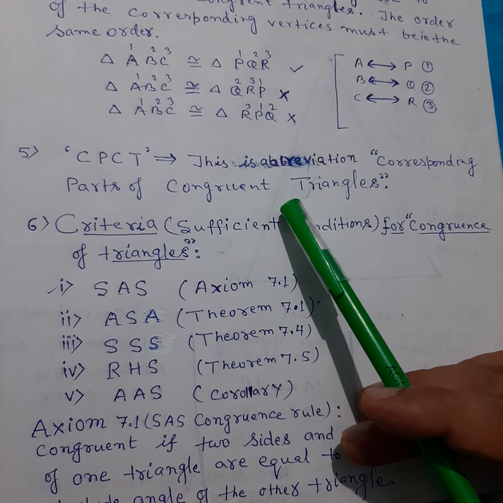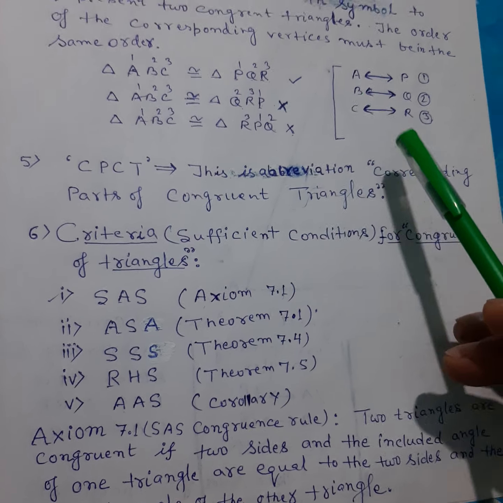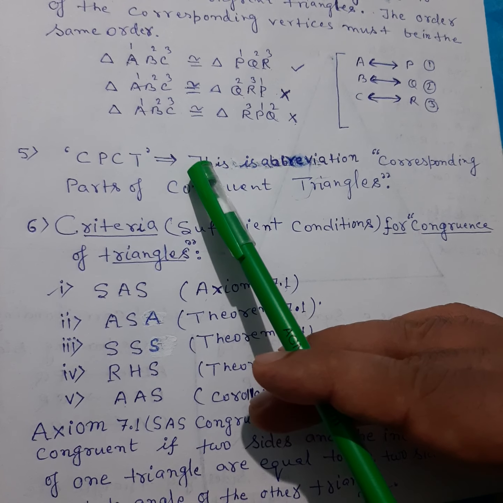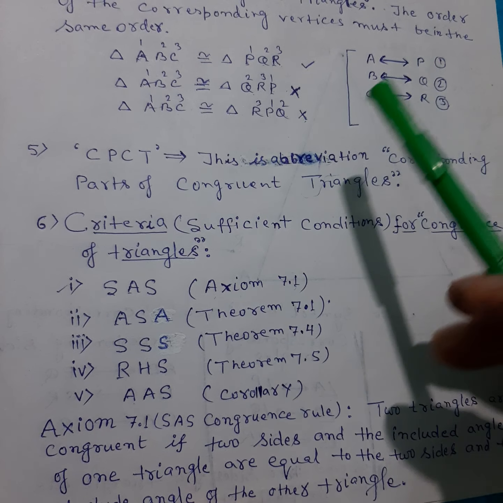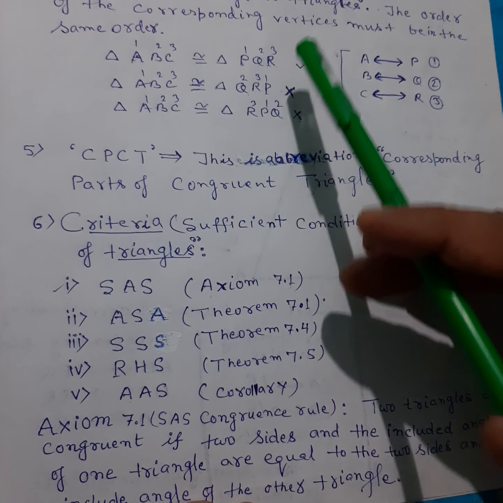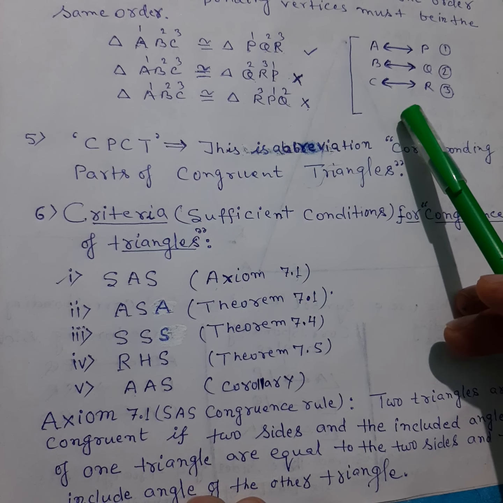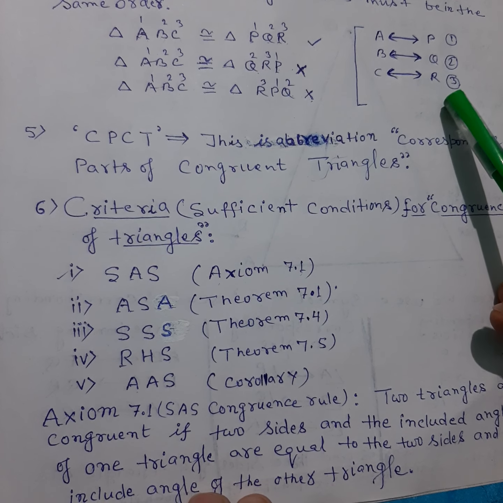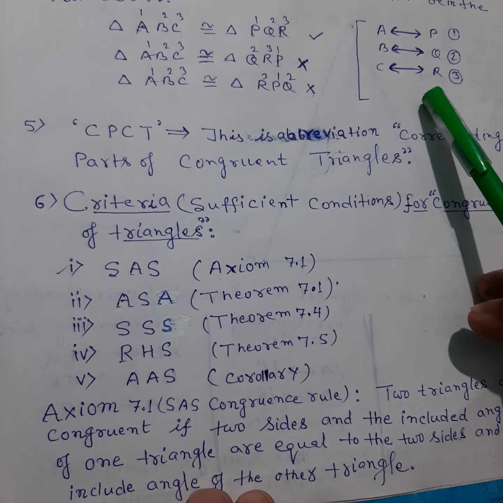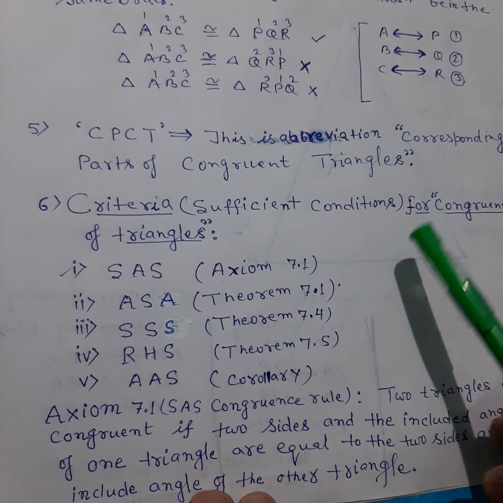First, when we cut one triangle and superpose it upon another, they cover each other, so they are said to be congruent. And second, we measure all six parts of one triangle and the corresponding six parts of the other. They are equal to each other, then the triangles are said to be congruent.